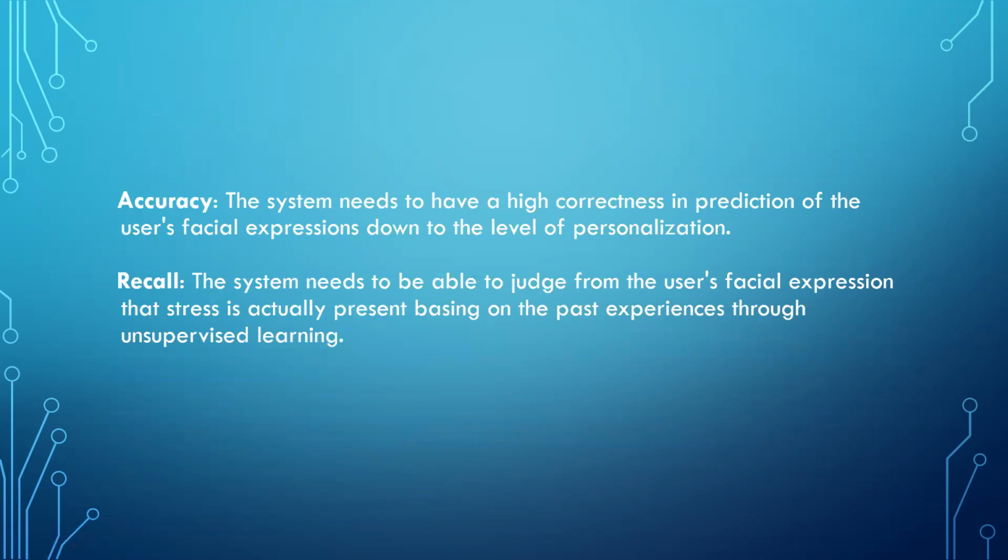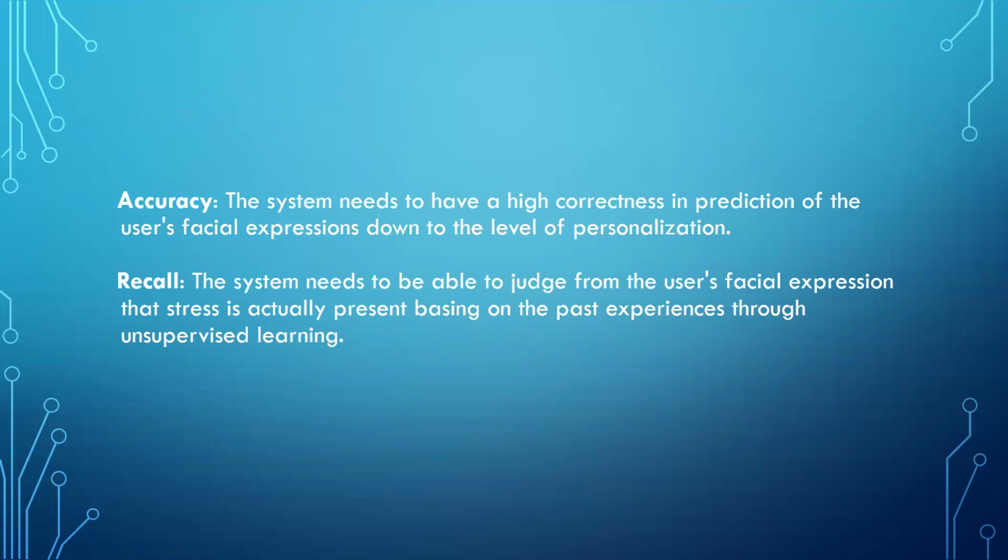These are the 2 performance measures that I chose for the system. Accuracy is the correctness of the prediction of the user's facial expressions down to the level of personalization. That is where I brought up using both supervised and unsupervised learning, such that we can personalize the level of accuracy, the correctness of the prediction of the model.